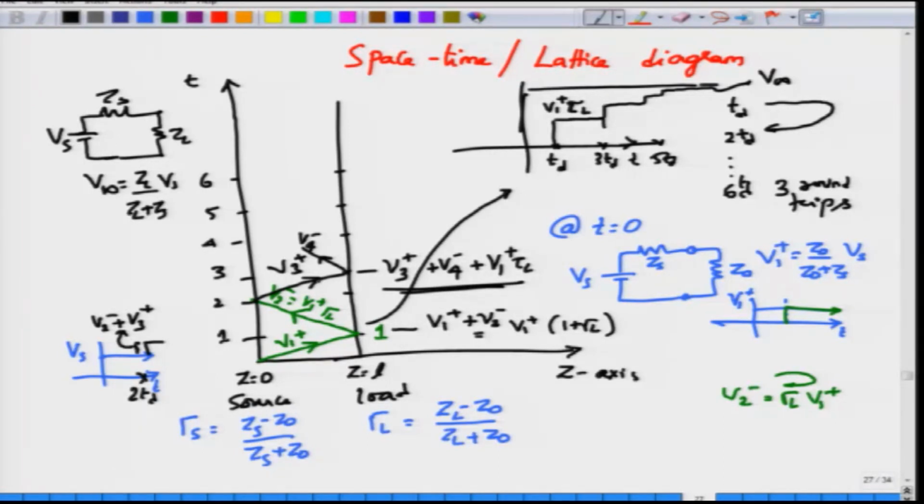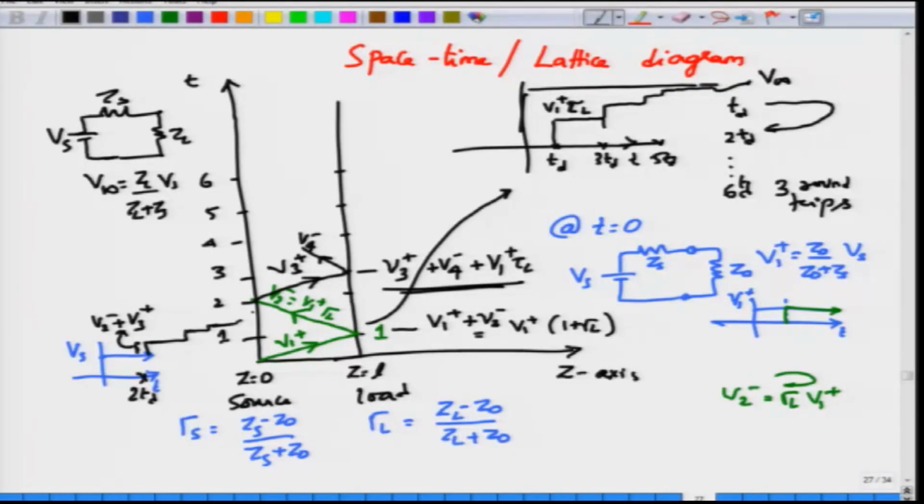Why V3 plus? Because that would be the partial voltage that is reflected at the source. And again, I am not really looking at the numbers correctly, we will do the number calculations in the next module, but this is what you would try to see, right.